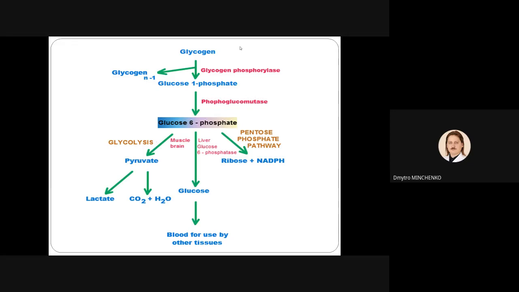Here we can take a look at the main glycolytic pathways. We have the transformation of glycogen into glucose, and of course, the pathway can go into reverse. So, as the energy is being stored in glycogen, it can be released via this biochemical mechanism to produce glucose, which can be used by other tissues.